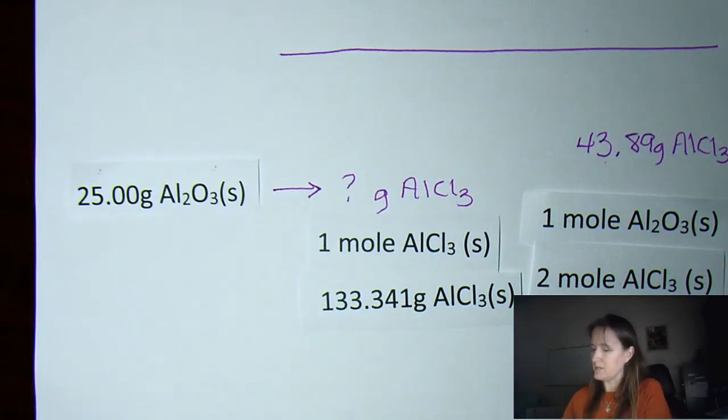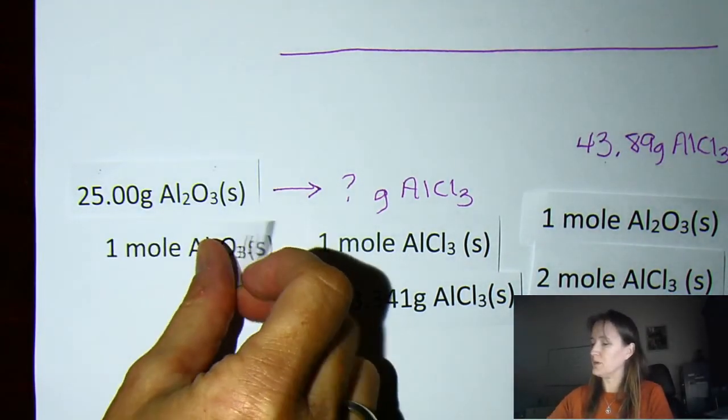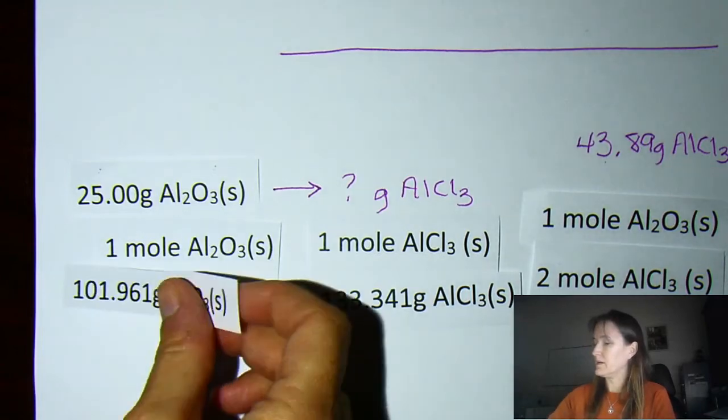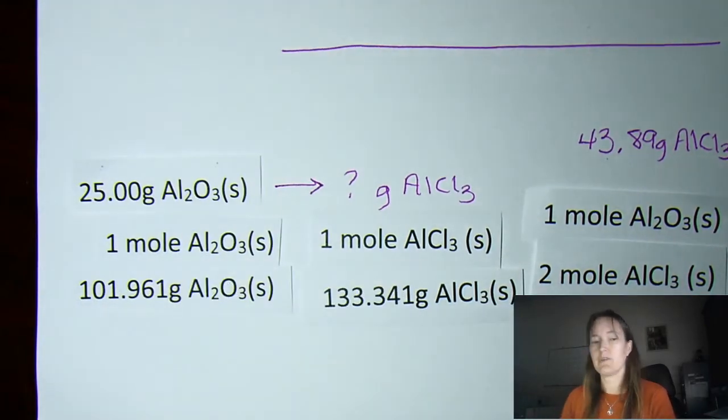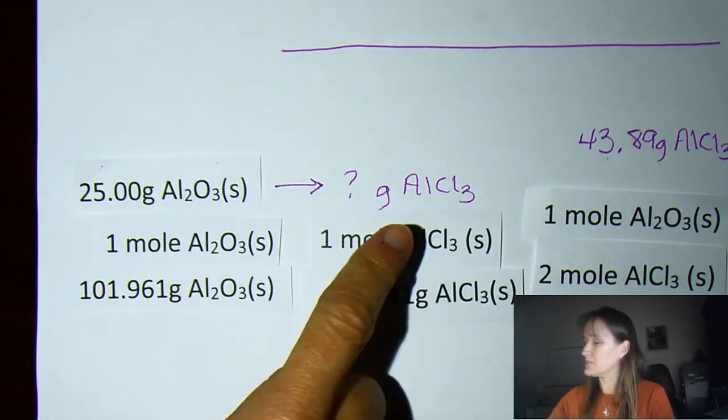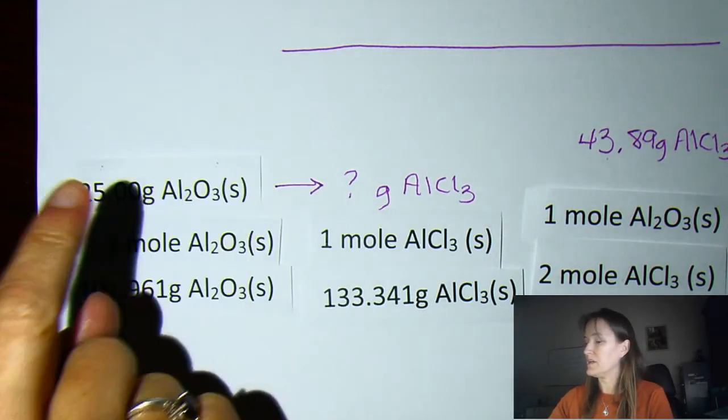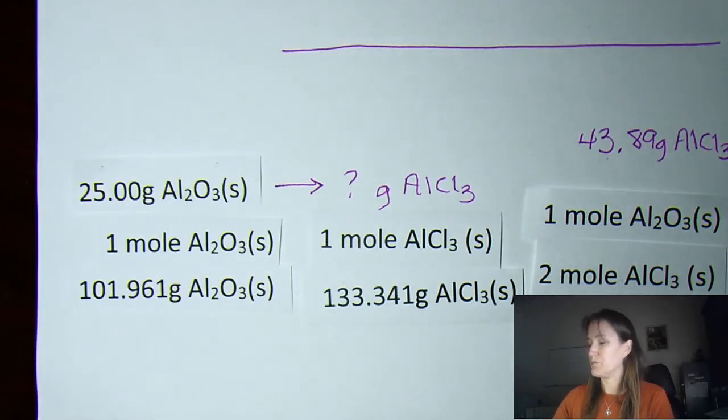And the molar mass of aluminum oxide, 1 mole of aluminum oxide has a mass of 101.961 grams. So these three are going to make up the conversion factor that allow us to determine what mass of aluminum chloride we can create if the 25 grams of aluminum oxide react. So we just need to organize it so that our units will cancel.